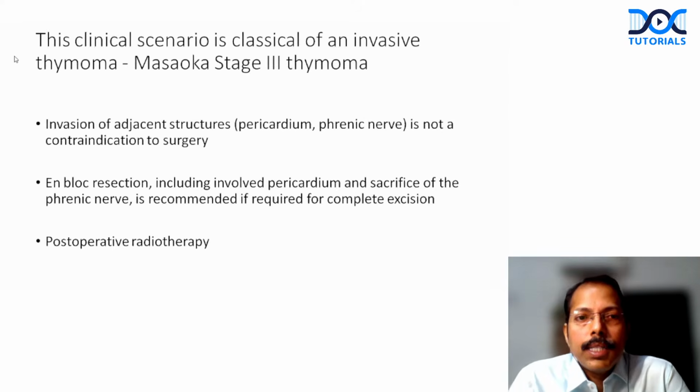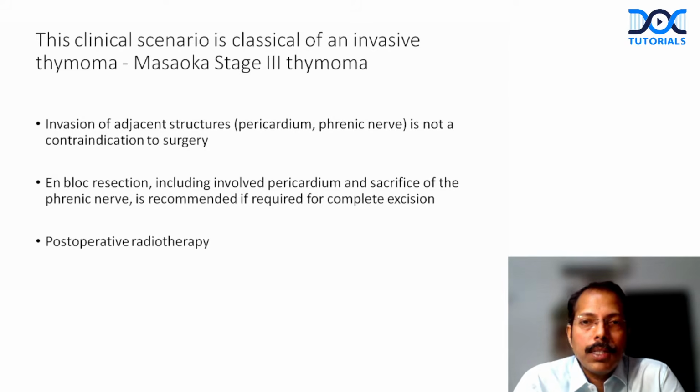This clinical scenario, invasion of adjacent structures, is again stage 3 thymoma. So we can definitely remove the involved surrounding structures along with the thymoma. We can postoperatively give radiotherapy after the thymectomy.